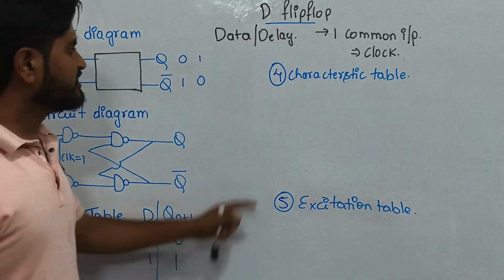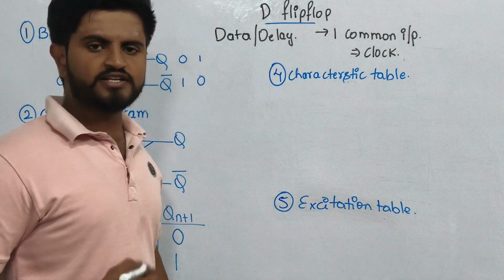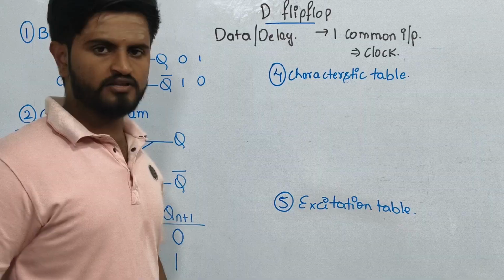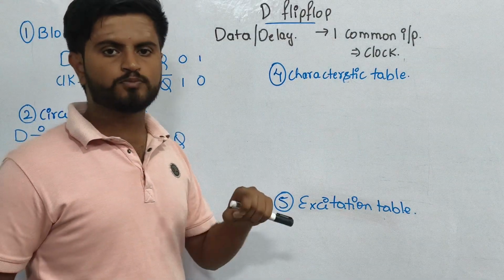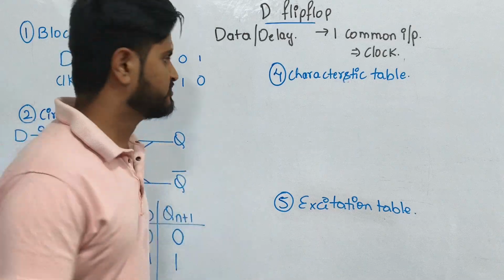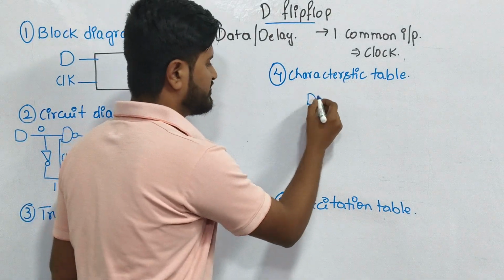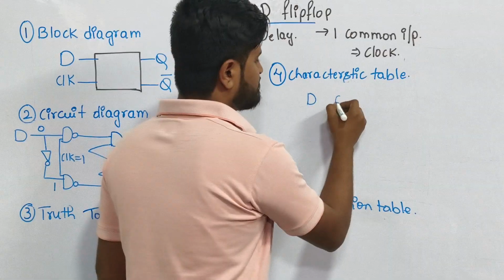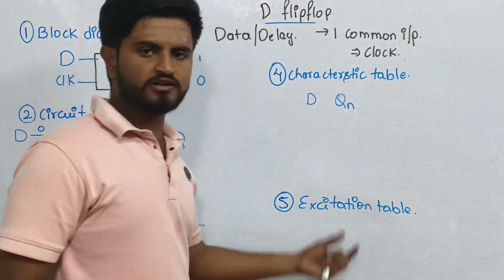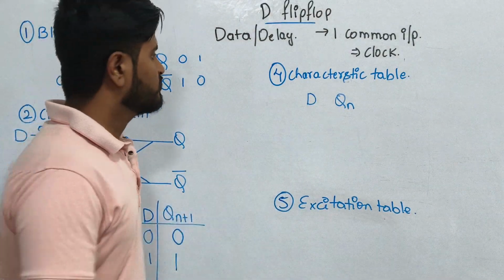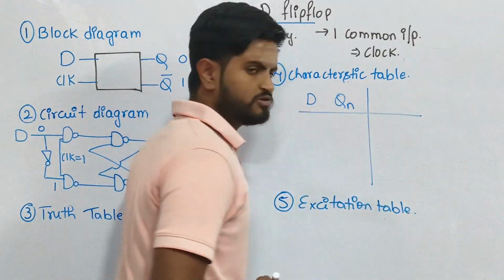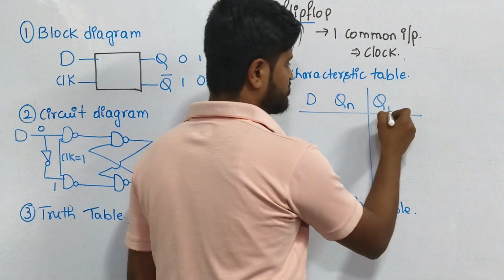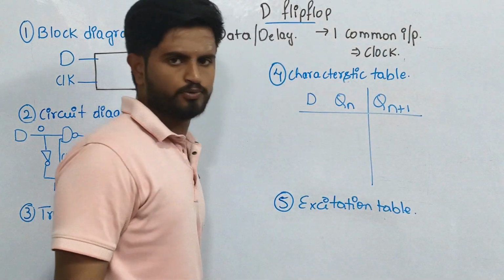Simple. Now let's write the characteristic table. In characteristic table, what happens is, the data and the previous state output will be used as the inputs. Data D or delay D and the previous state output Qn. Qn represents previous state output. So D and Qn will be used as the inputs and output will be the same, that is Qn plus 1, present state output.